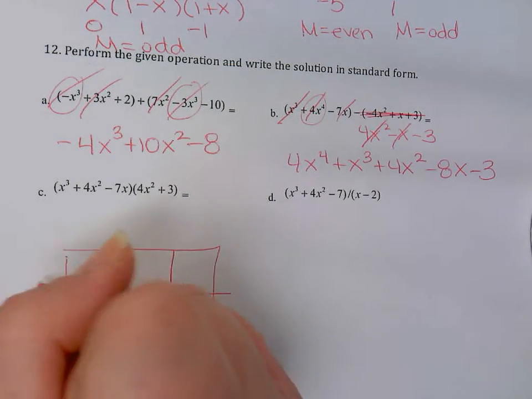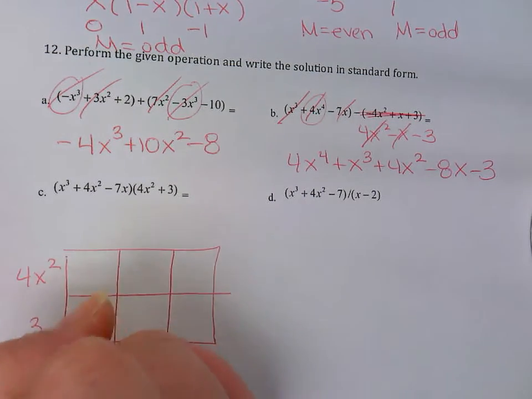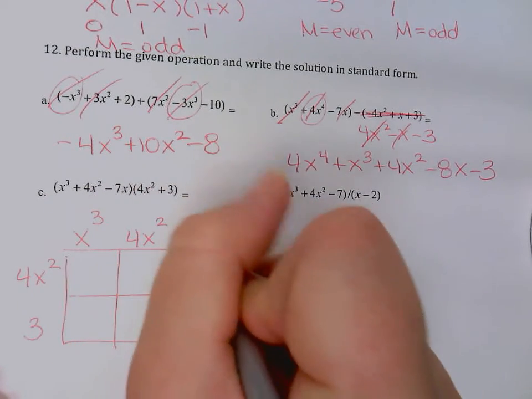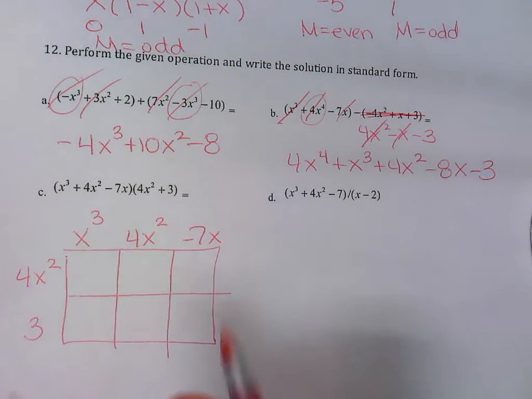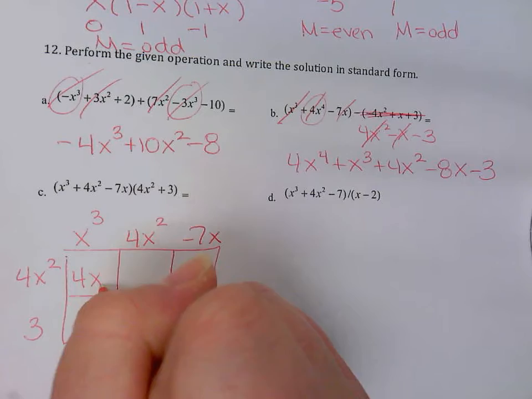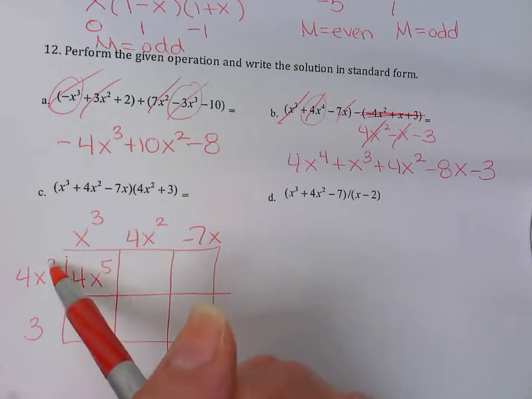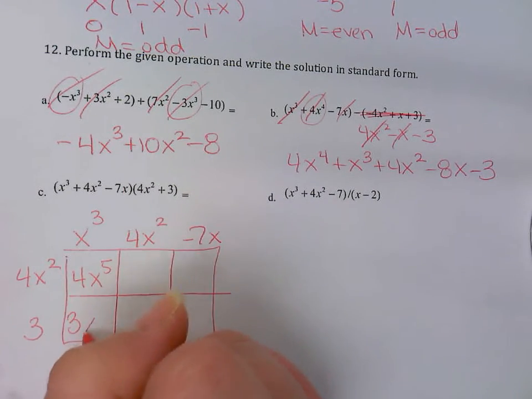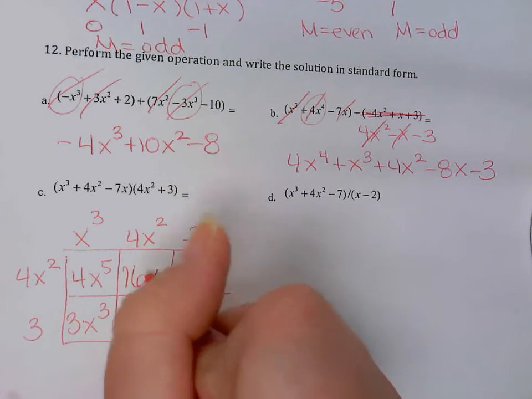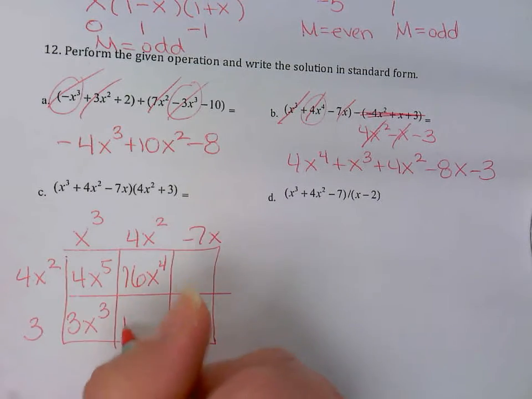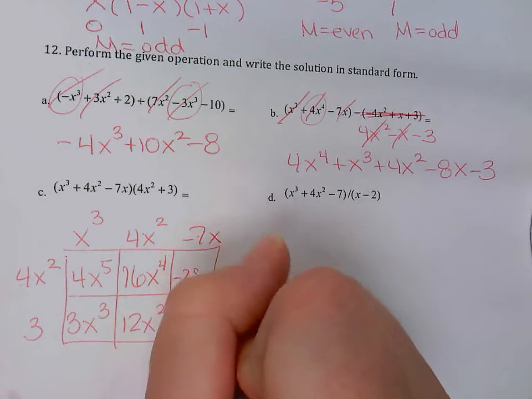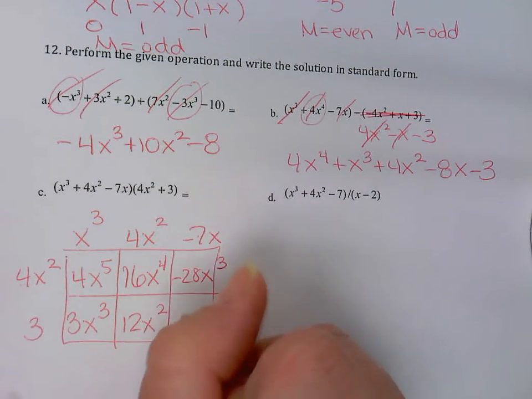So I'm going to put 4x squared plus 3 down the side, and x cubed, 4x squared, and negative 7x across the top. So I've got 4x squared times x cubed is 4x to the fifth. Remember, you add your exponents, and then I've got 3x cubed. And then 4x squared times 4x squared, 16x to the fourth, and then 12x squared. And then I'd have negative 28x cubed and negative 21x.